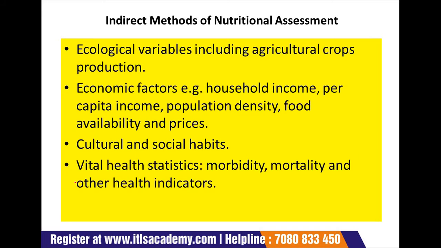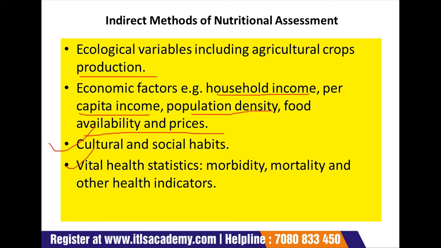So the indirect method of nutrition assessment includes ecological variables including agriculture crop production, economic factors like household income, per capita income, population density, food availability, and prices, and culture and social habits also.